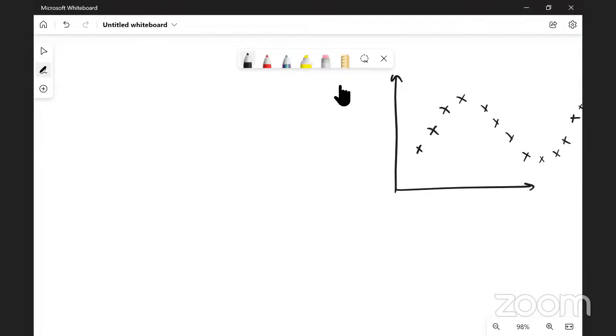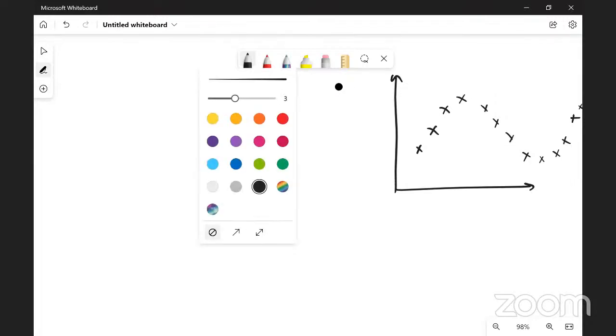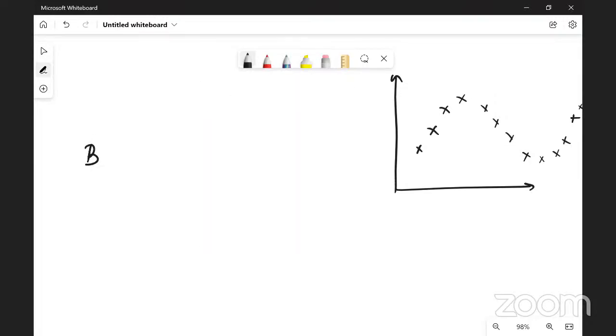So I'm going to briefly tell everyone about what they are. So in batch gradient descent, sometimes only called gradient descent, every time we update the weights after going through all the data samples.